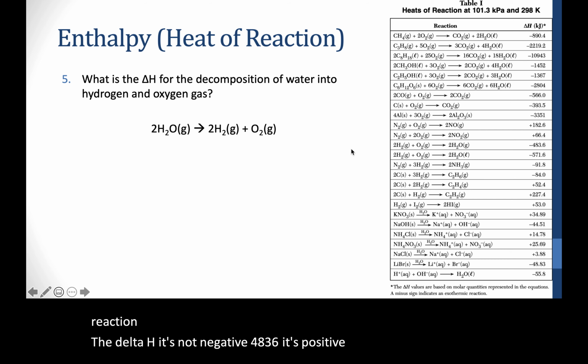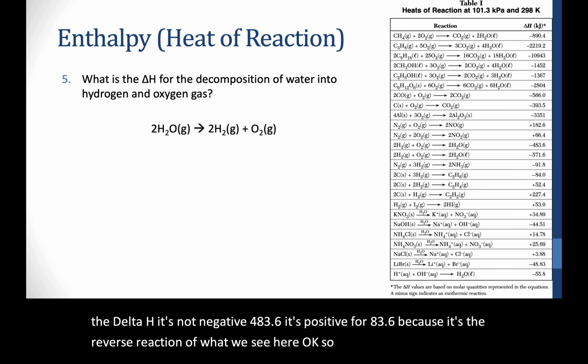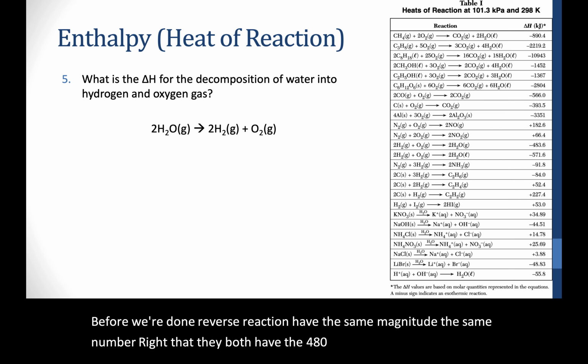Okay, so a forward and reverse reaction have the same magnitude, the same number. They both have the 483.6. The signs are different. Since the forward reaction, we'll call this one, is exothermic, it releases 483.6 kilojoules.